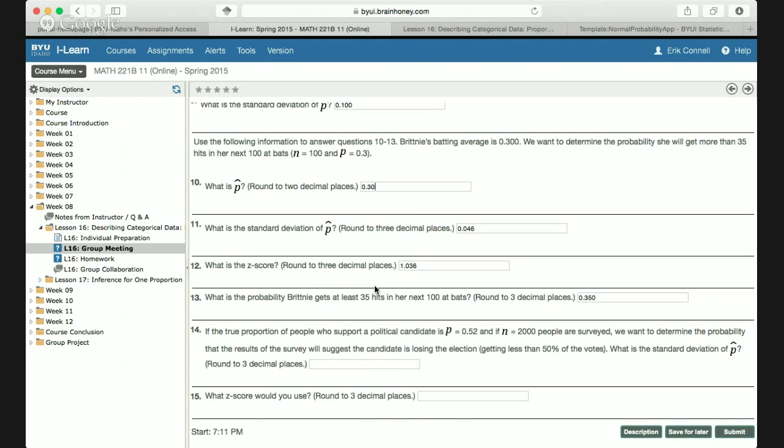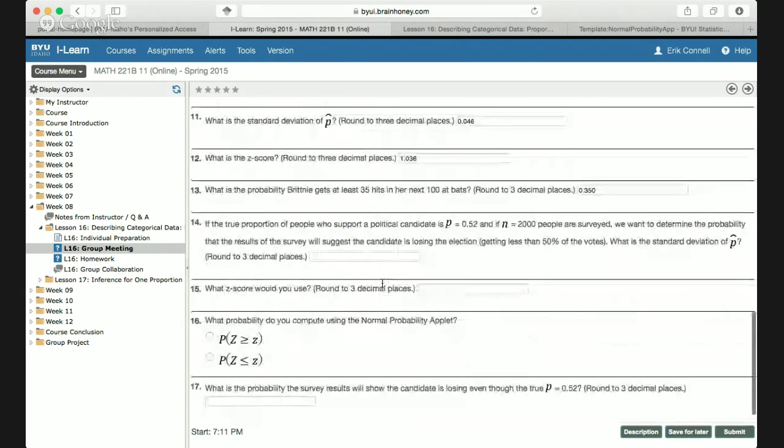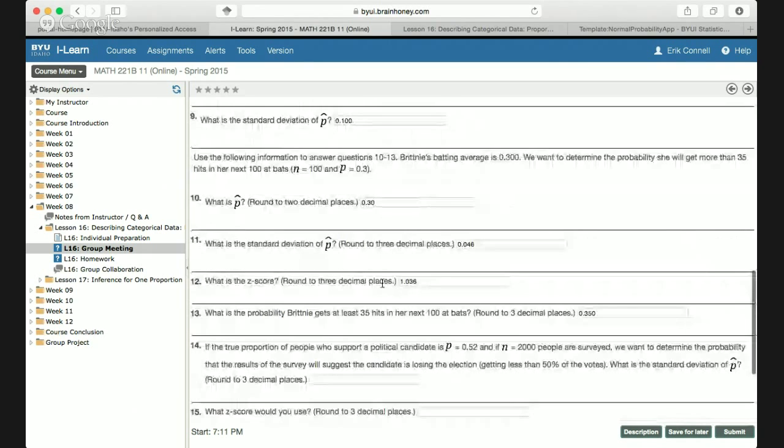Okay, what z-score would you use? Oh, wait. Were you on 11 or 13? I was on 13, sorry. I skipped it. I was just getting ahead of myself.